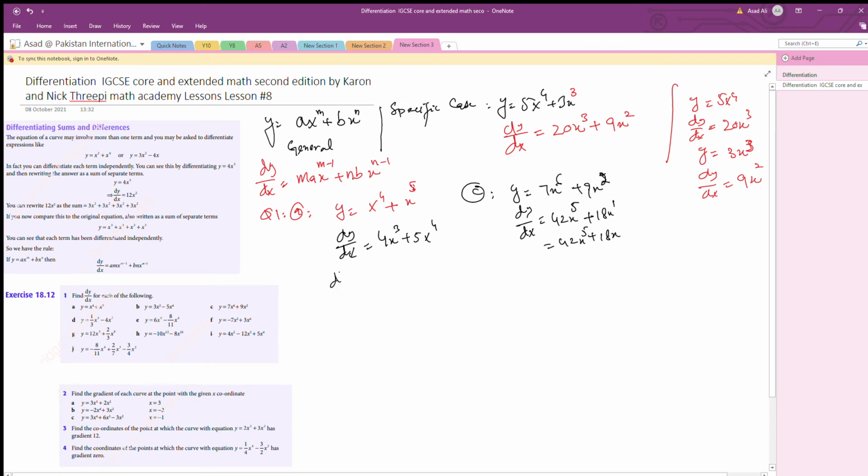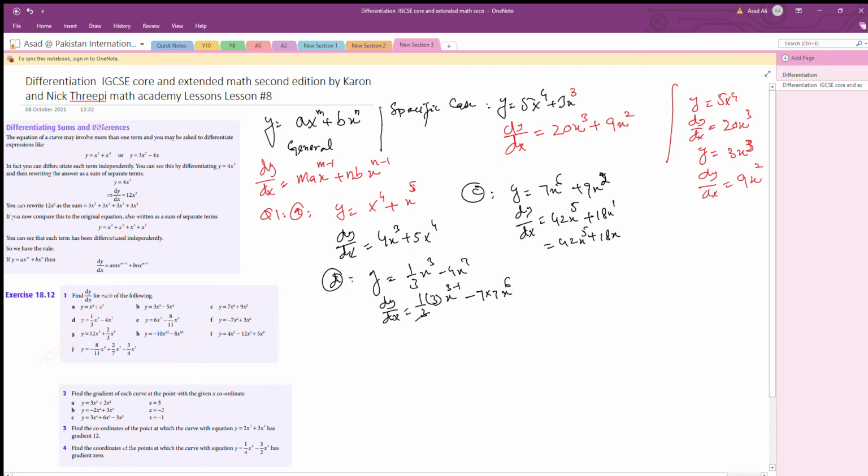Now I'm doing part D as well. Part D is y is equal to 1 over 3 x power 3 minus 4x power 7. So the derivative dy dx is 1 over 3, 3 comes here and x power 3 minus 1, minus 4 into 7 x power 6.